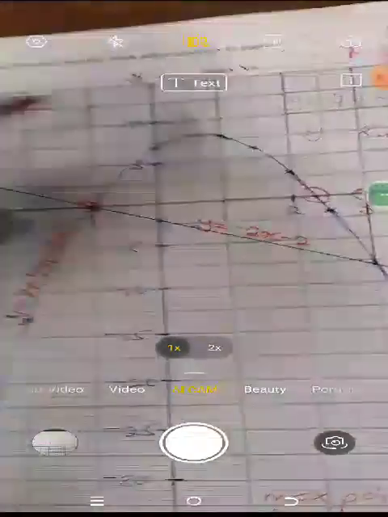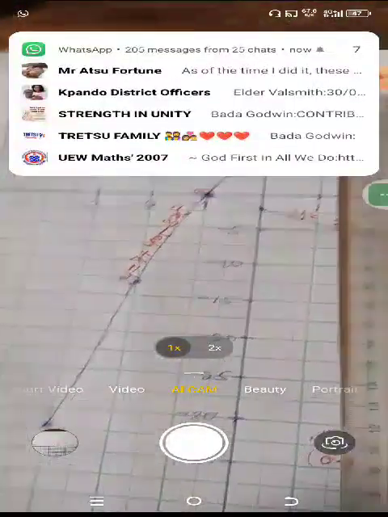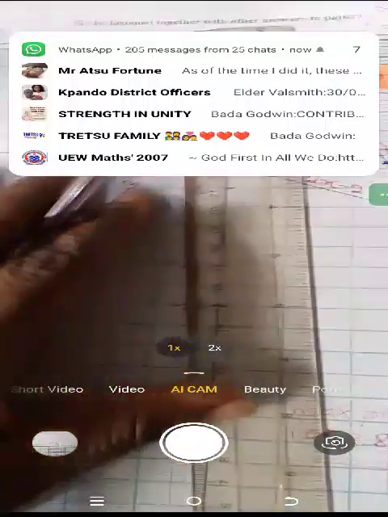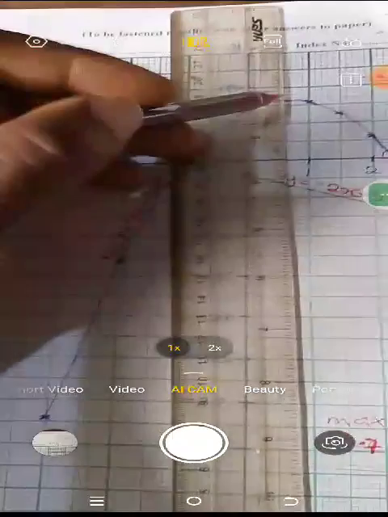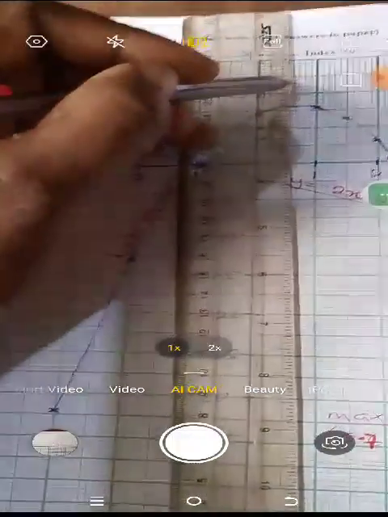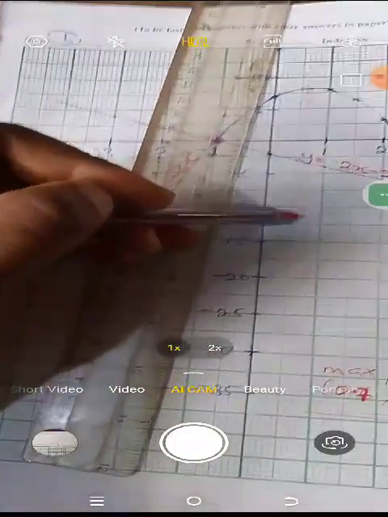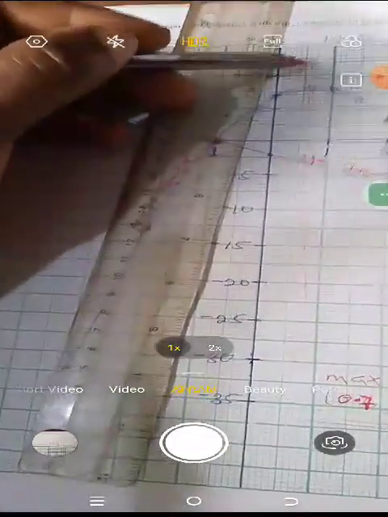So that is our equation of the line of symmetry. Hence, when they ask for that, you take your rule and read where that will pass. Then you draw a line through it like that. The line should be thick. You use your rule to draw it.